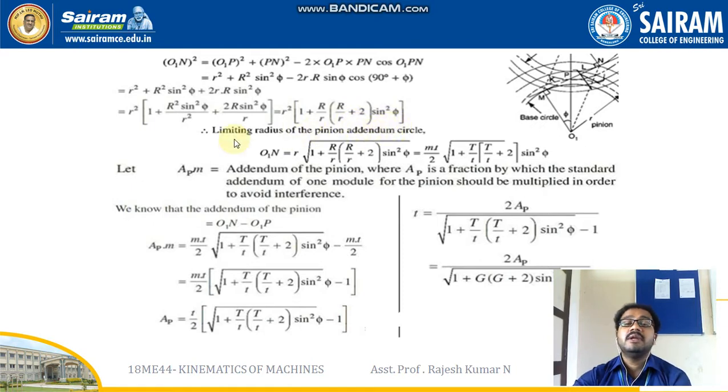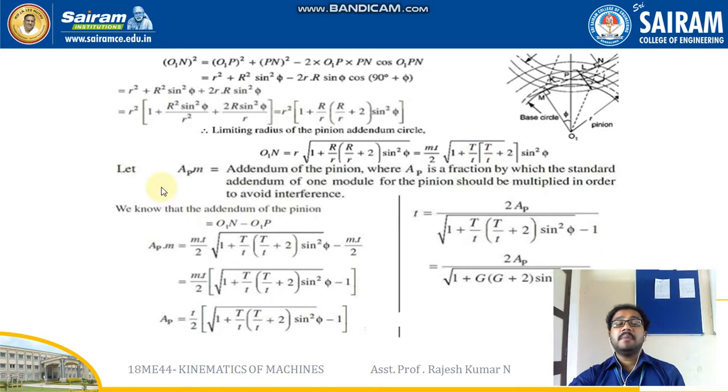So the limiting radius of the pinion addendum circle will be O1N equal to r into square root of 1 plus capital R by small r into capital R by small r plus 2 into sin square phi, which is equal to mt by 2, because we know the r value, which is equal to square root of 1 plus capital T by small t into capital T by small t plus 2 into sin square phi.